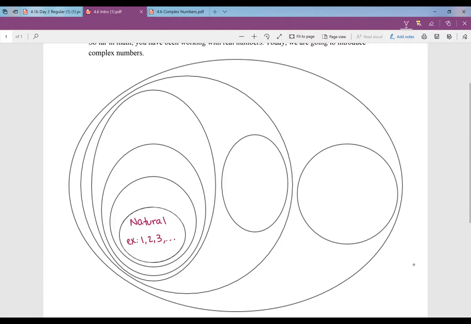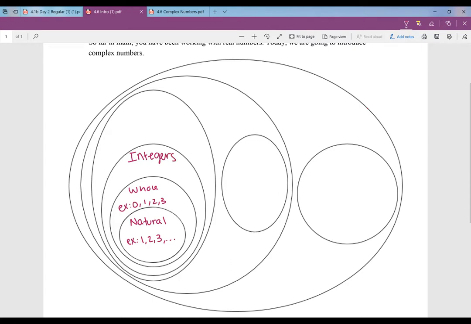The next kind of number that you learn is 0, right? You add that to your list of numbers, and these are called whole numbers. So your whole numbers are all the natural numbers and 0. Now, the next kind of number that you would learn are called integers.